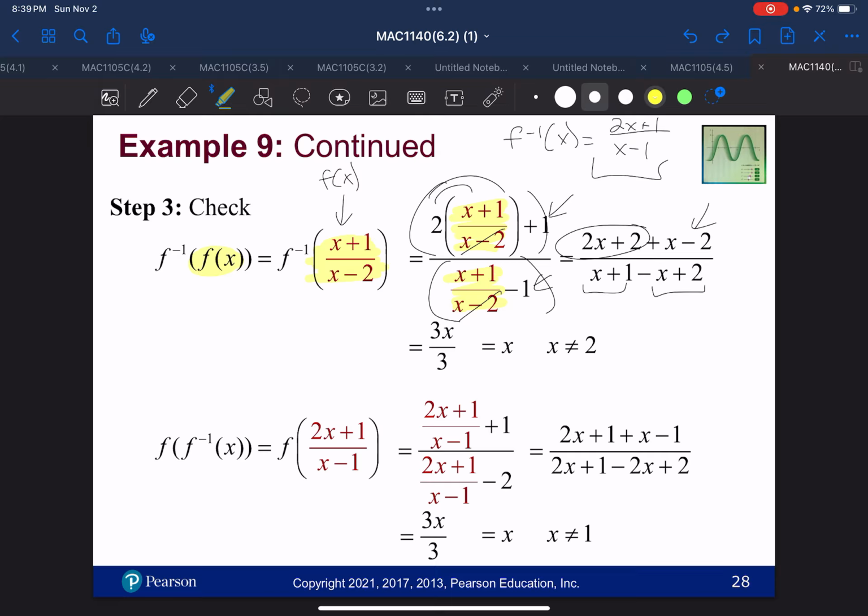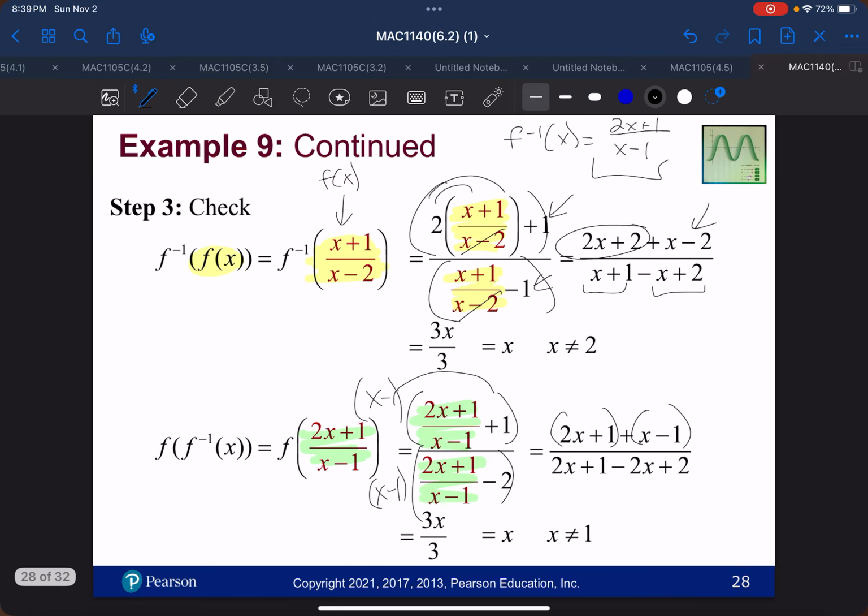Now down here, we're plugging in the inverse function into f of x. And so, again, they're going to multiply the top and the bottom by that denominator of x minus 1. And it'll cancel on the first fraction, leaving us with the numerator, and then we distribute it to the 1, so we get x minus 1.